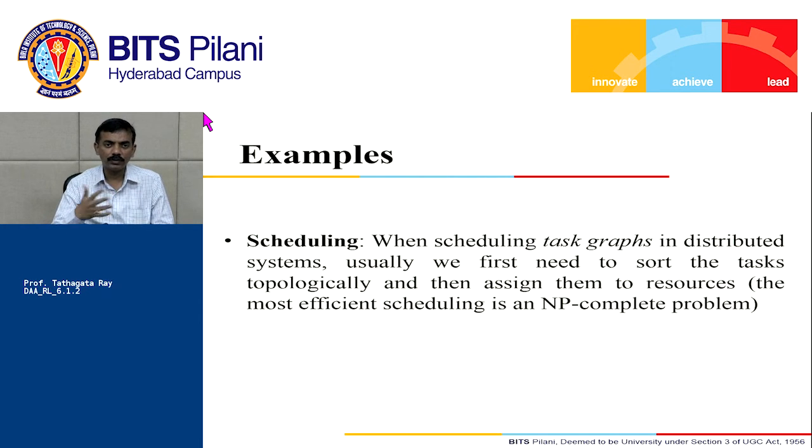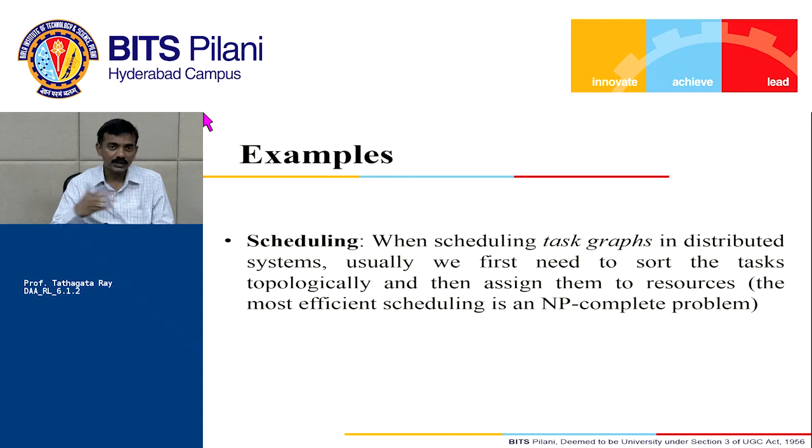For example, let's say you have 3 processors or 4 processors on which you want to schedule all your tasks, but those tasks have to run in a particular order, because there are dependencies between them. If task A is dependent on task B, then task B needs to finish first, followed by task A. So you cannot arbitrarily assign the tasks to any processor. So we first need to sort the tasks topologically and then assign them to resources.